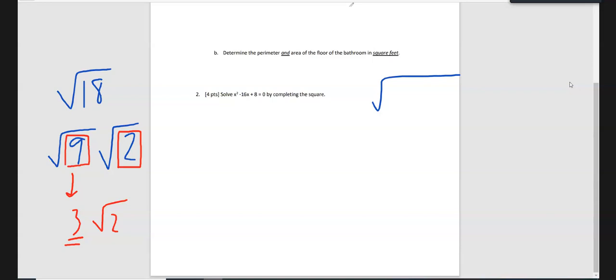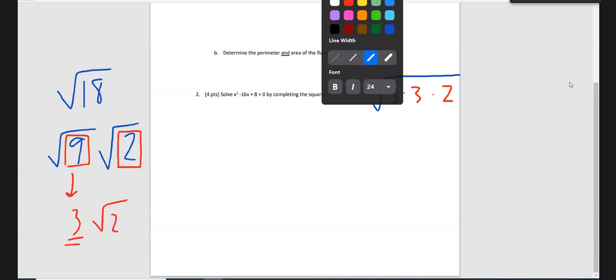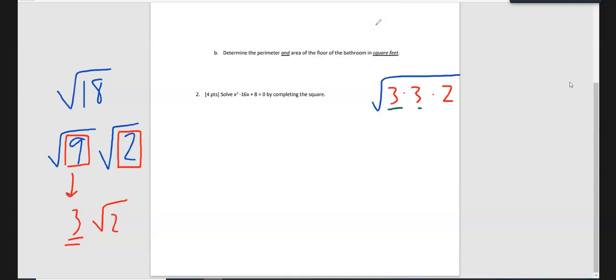Gotcha. So Grant's at Leo High School, and his math teacher shares this story. So instead of writing 9 and 2, she writes 3, 3, and 2. And she uses this story. There are 2 twins that have been incarcerated in prison. One of the twins is evil and stronger than the other one, kills the other twin, and then escapes jail, leaving you with 3 radical 2 as your final answer.